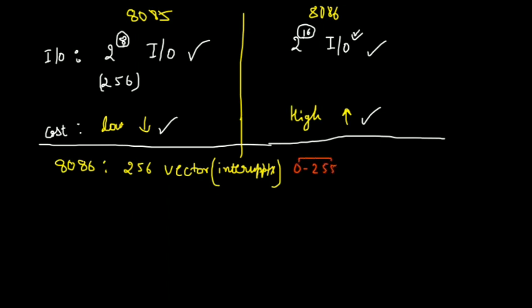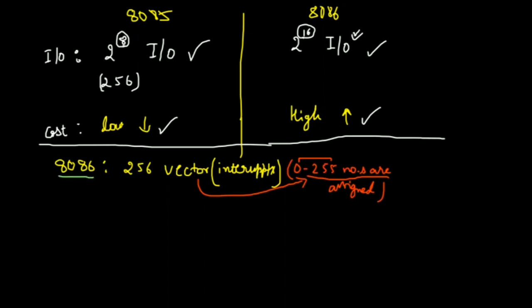These are the 256 numbers that are assigned. I know you are wondering what a vector interrupt is. So this is the meaning of vector interrupt actually: 0 to 255, technically 256 numbers can be assigned at once in the 8086. That's fantastic, right? And just to satisfy our curiosity, let me tell you a few more points.